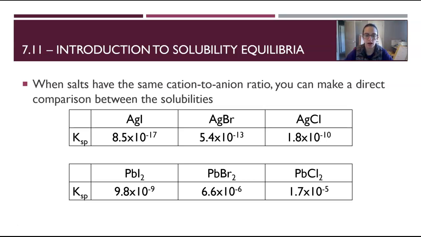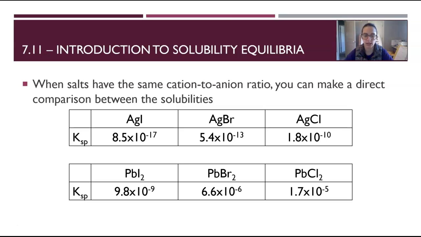If we compare silver iodide, silver bromide, and silver chloride, silver chloride has the highest KSP, although it's still incredibly low, so it is the most soluble of the three, and silver iodide, which has the smallest KSP value, is the least soluble.